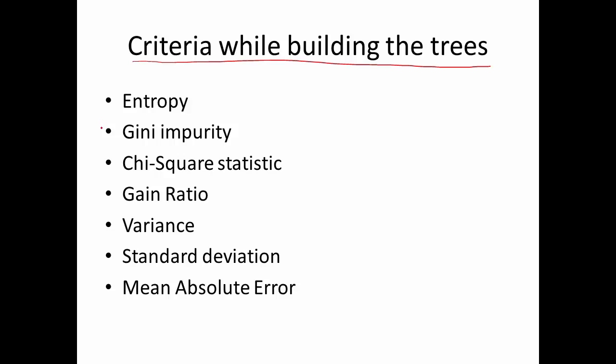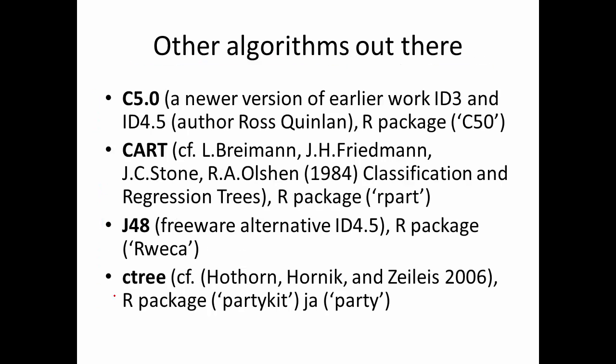You don't have to remember these. I'm just going to list them for a second, and you may always come back to this when you're deeply interested in decision trees. So these are entropy, Gini impurity, chi-square statistic, gain ratio, variance, standard deviation, mean absolute error. So you see a lot of criteria to consider.